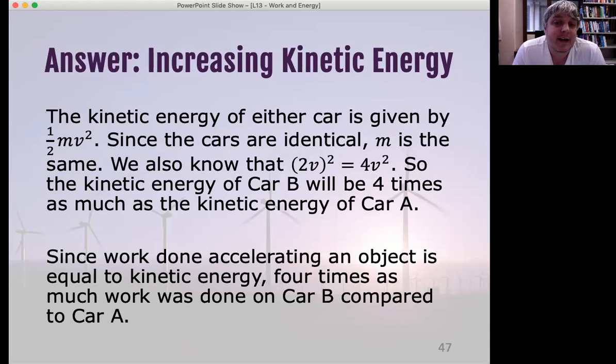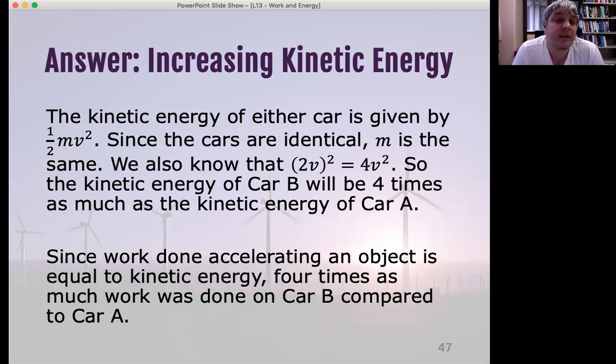Kinetic energy of either car is given by a half mv squared. m is the same in both equations, but since the velocity is doubled, 2v all squared becomes 4v squared. So that means that a half mv squared, if you double v, becomes 4 times a half mv squared. So the kinetic energy is quadrupled with a doubling of velocity.